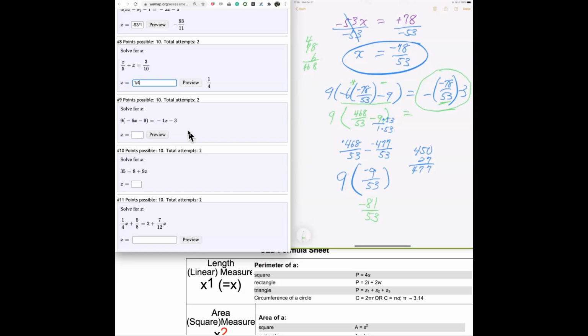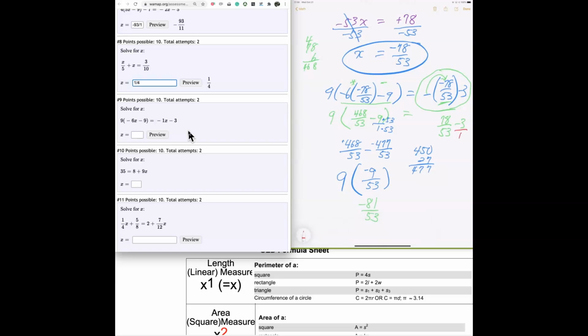And this is looking pretty promising because we have the same denominator. So, and here we have negative. We have to distribute the negative over this, right? So we'll do that. Negative makes it positive. So we have positive 78 over 53 minus 3. Okay. So to do that, we're going to change 3 into a fraction.